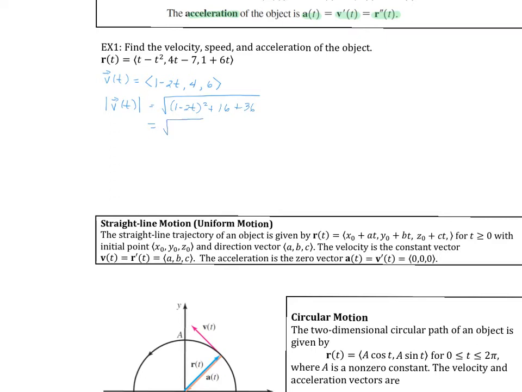So that would be the square root of 4t squared minus 4t, and then 16 plus 36 plus 1 would give me 53, plus 53. So this is my speed. And then the acceleration is simply the derivative of the velocity function. So again, this is going to be a vector. It would be -2, 0, 0.